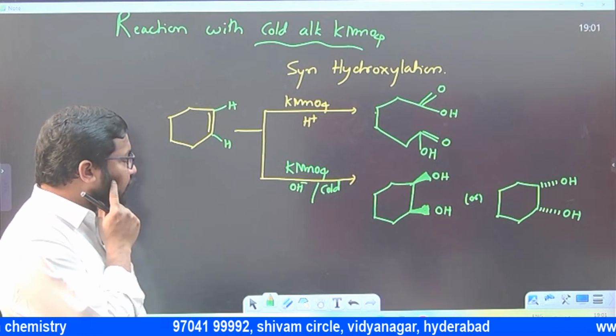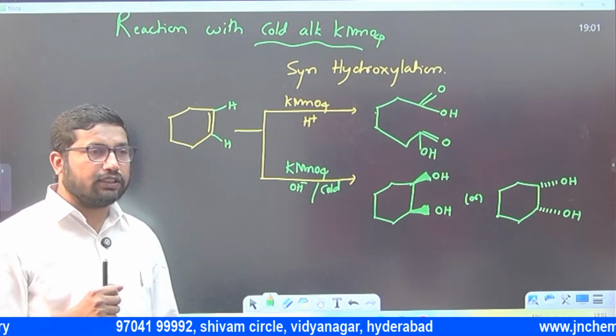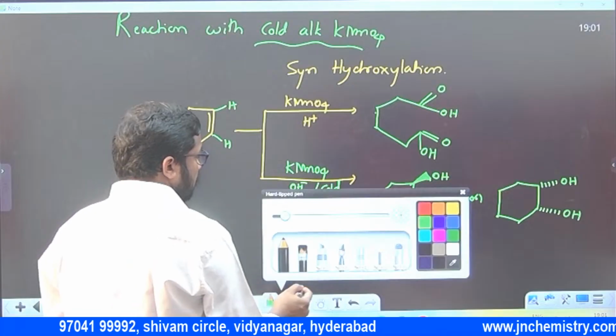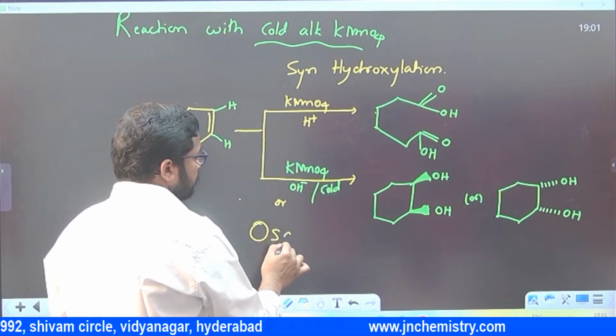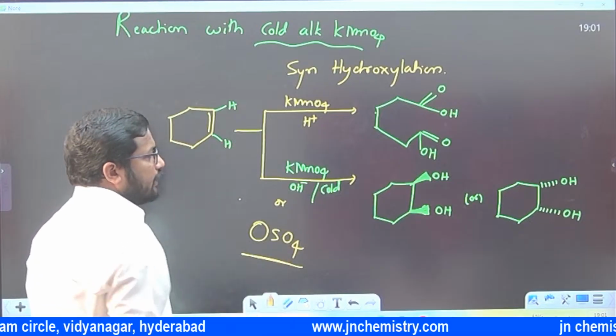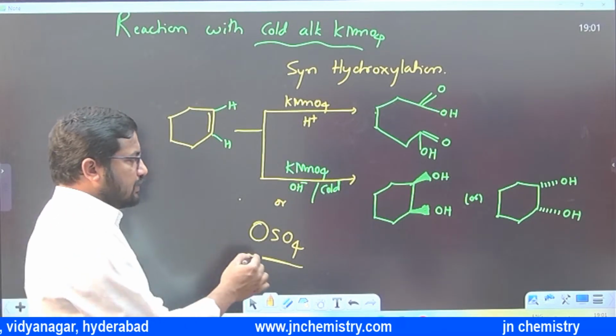And besides KMnO4, one more reaction, that is osmium tetroxide, or we can use OsO4. Osmium tetroxide also gives syn hydroxylation.